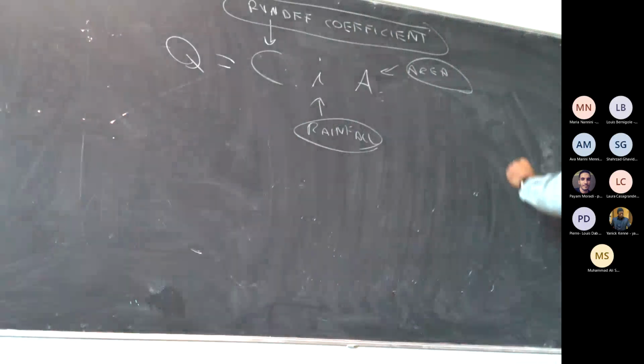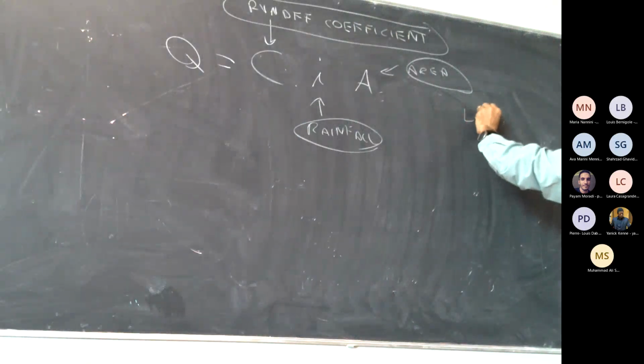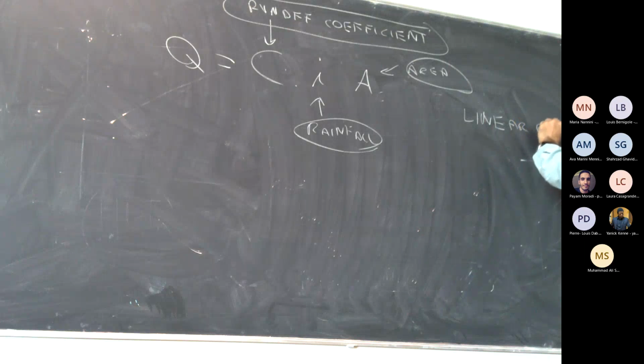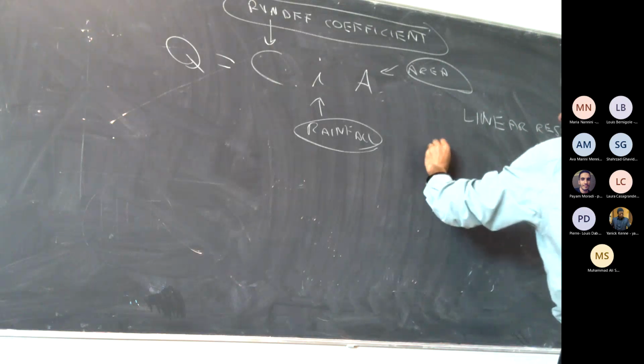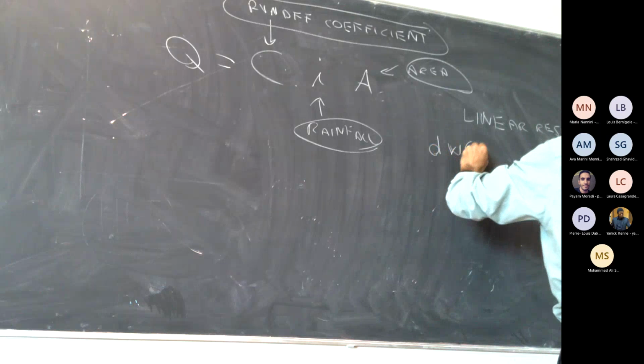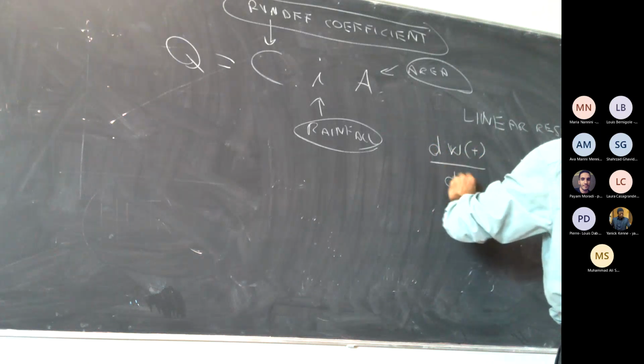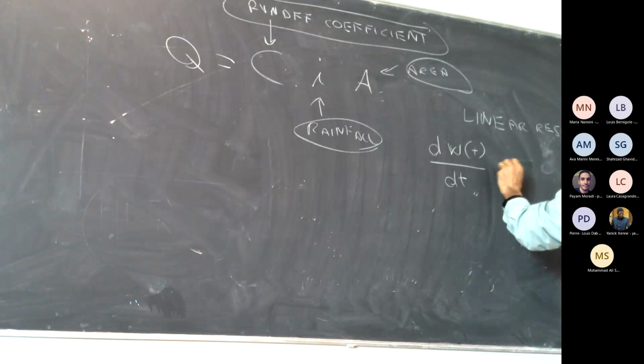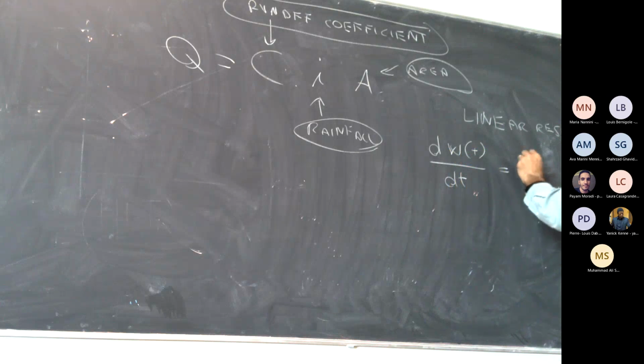In the linear reservoir, I said that I started from two equations. I said dWt over dt is equal to qt minus pt.